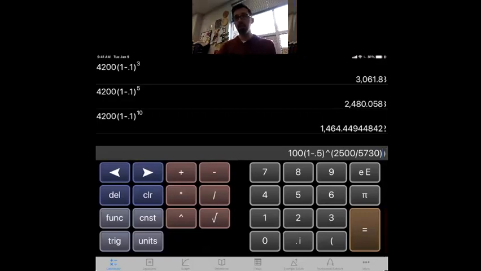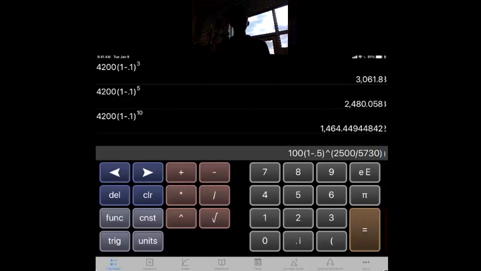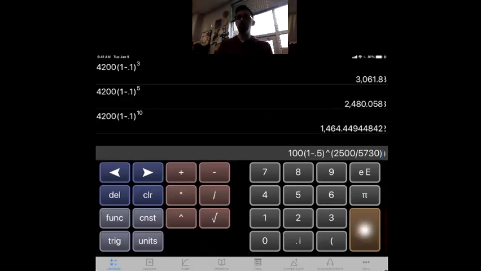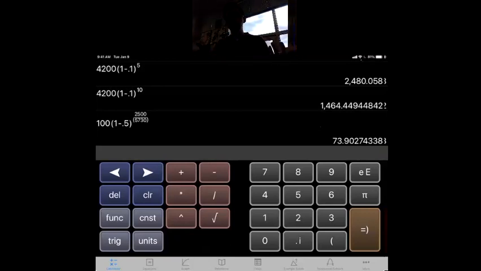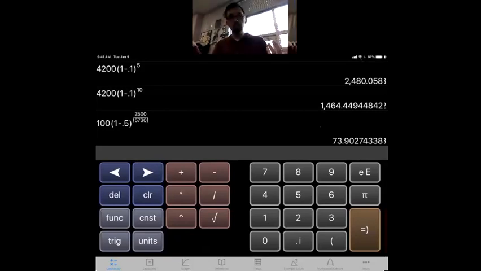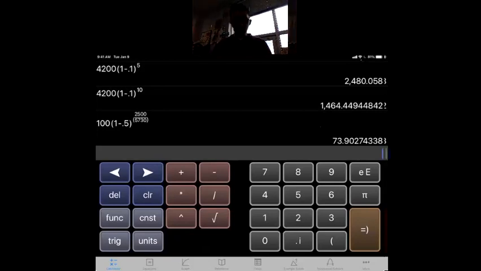Definitely really high on the mistake level is just mistyping. There's nothing you can do about that besides slowing down, checking your answer, checking your work. I'm going to round this to the nearest percent. We're going to be graphing this. There's no way we're going to tell the difference between 73.9 and 74. So I'm just going to round this to the nearest whole percent, so 74%.